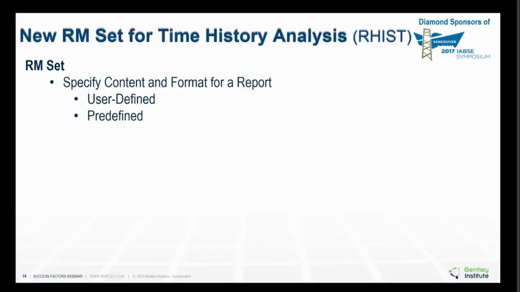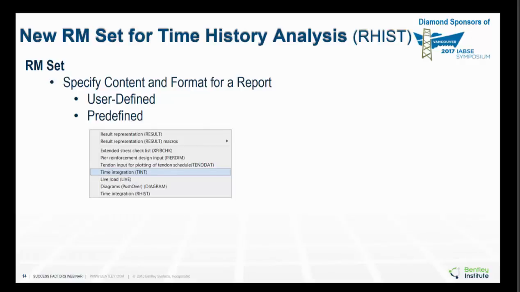Another analytical enhancement that we have is a new RM set for time integration or time history. We call it RHIST. As you know, RM set is used to specify content or format for the result report. The user can add a user-defined RM set or use the predefined RM set that we have.